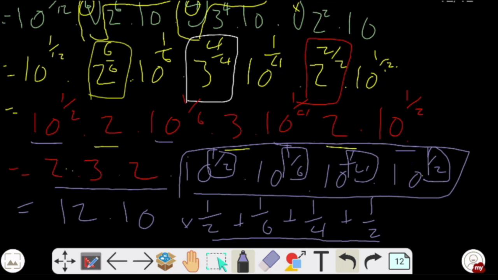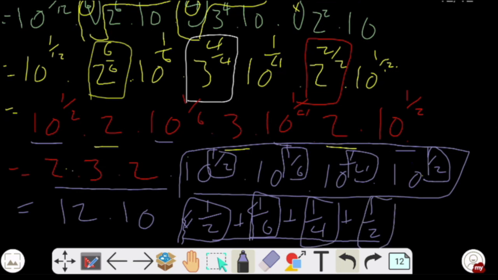So meaning here we're going to multiply by 2 over 2. For our LCD to be 12, this section here we are going to multiply by 6 over 6. This here, we are going to multiply by 2 over 2. This here, we are going to multiply by 3 over 3.